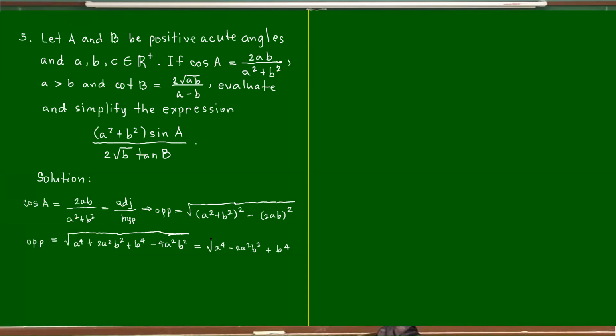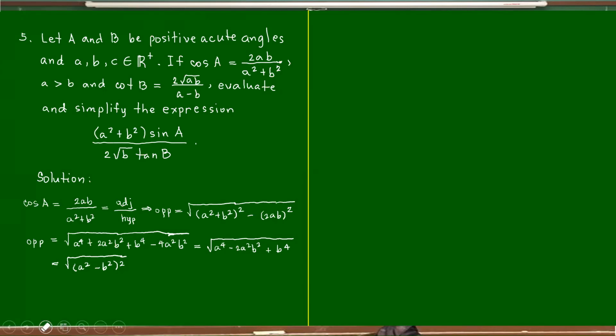So that is equal to what, children? Quantity A squared minus B squared, quantity squared. That is a perfect square trinomial, the radicand. So the factored form is quantity A squared minus B squared, squared. What's the square root of this, guys? A squared minus B squared.